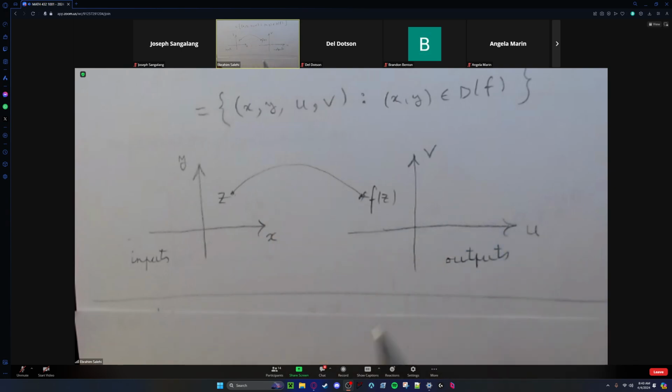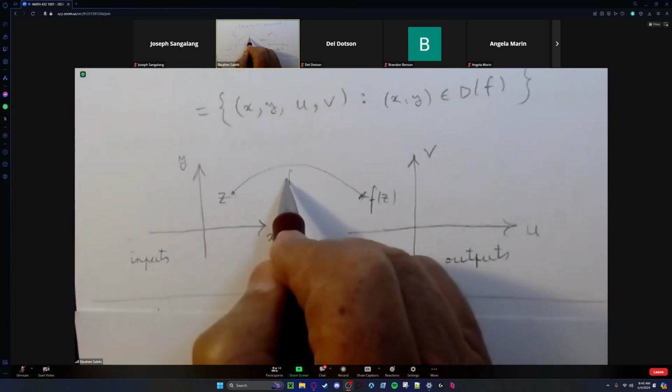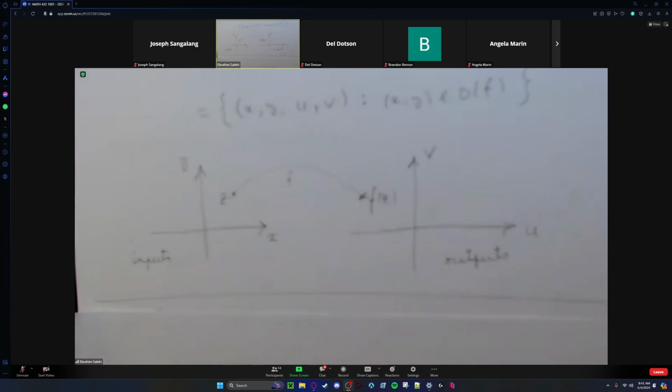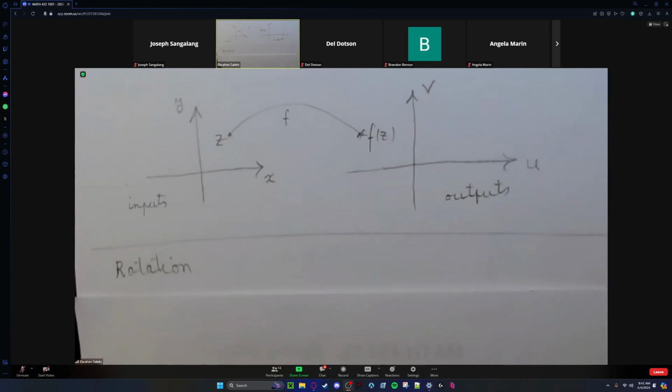So that is the problem that we will be concerned with. And today, I will start with very easy mappings, and we will build on them. Please pay good attention. The easiest one, the very basic one, is rotation. What is rotation?